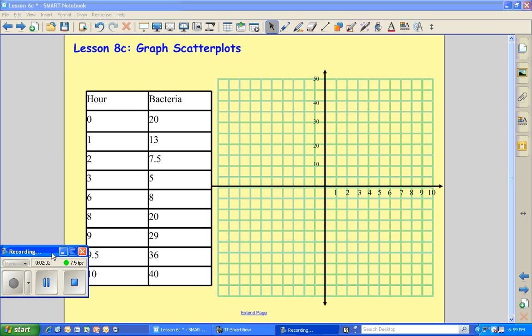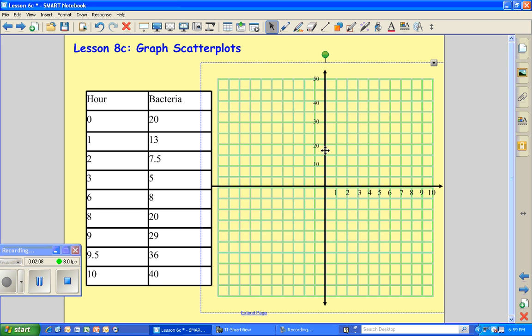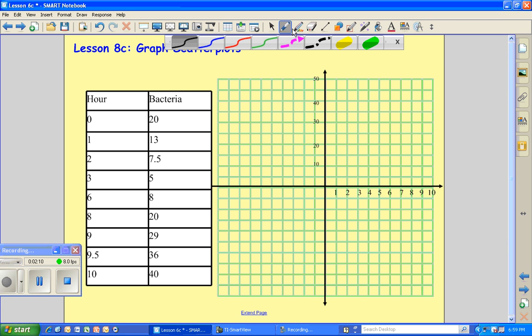So if you look at this set of data here, and we were to plot it, 0, 20, 1 and 13, 2 and 7.5, 3 and 5.